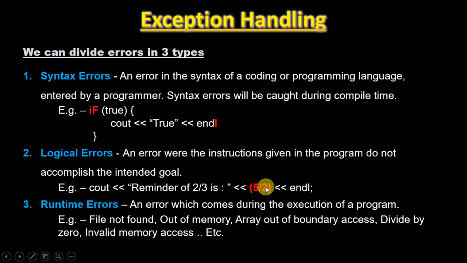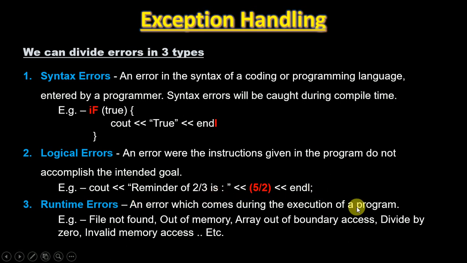This will give the result of 5 by 2, but it won't give the remainder, right? If you want to get the remainder, you have to use 2 % 3. But here I have mentioned remainder of 2 by 3, and in the output I am getting 5 by 2. This is not the correct one. I am following the proper syntax here: cout, then the expression or operation, and endl.